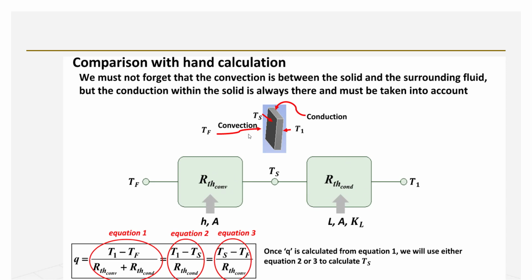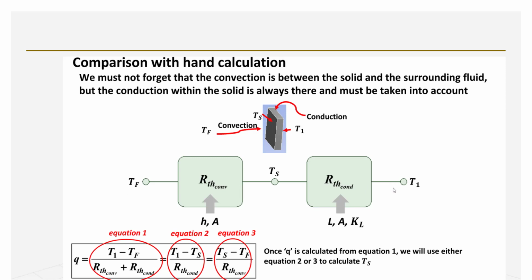Convection between solid and fluid gives one thermal resistance, and within the solids we will have a conduction thermal resistance. So the total thermal resistance will be the resistance due to convection plus the resistance due to conduction. This way we get Tf equal to 800 degrees Celsius.